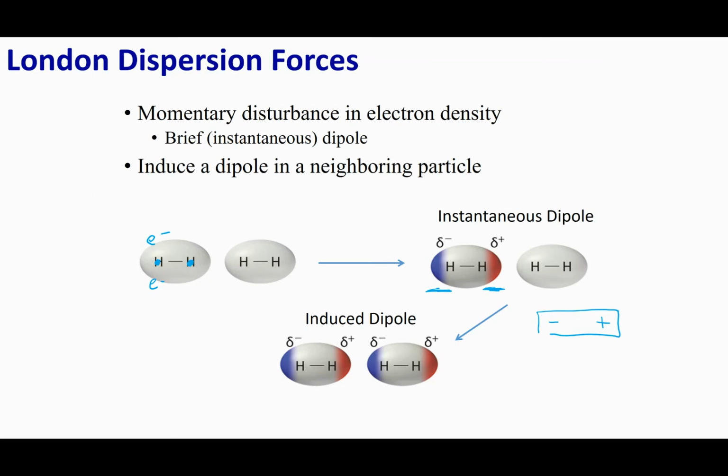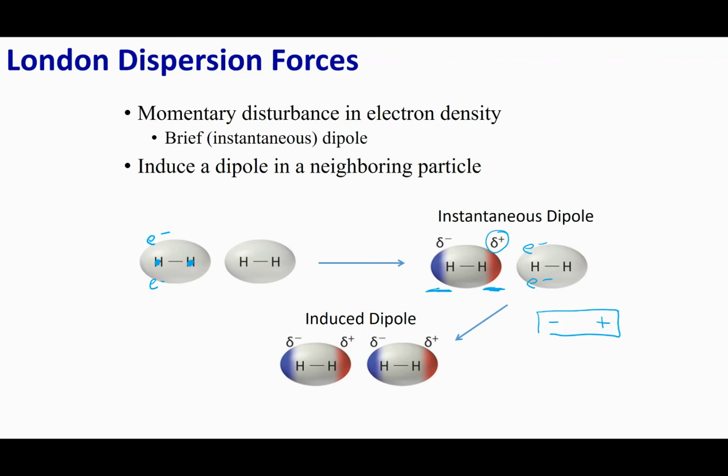Now, when this occurs, let's say that two hydrogen molecules are next to each other. What's going to happen is the electrons in this hydrogen will be attracted to the positive charge of the other hydrogen.